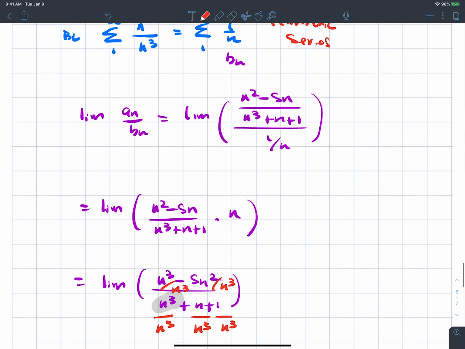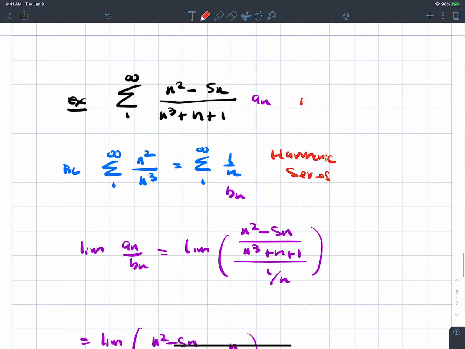So by the limit comparison test, we have divergence. Now you say, why divergence? Because the harmonic series diverges, and the limit comparison test says they will both diverge because of the fact that we showed that the limit here is finite and positive.